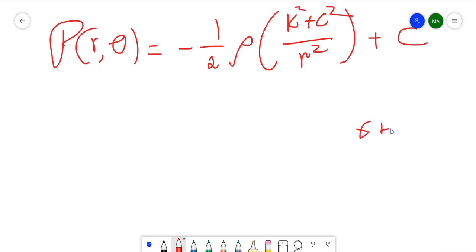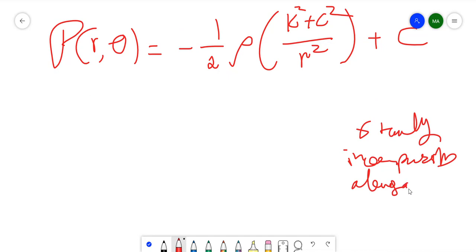The flow should be steady. The flow should be incompressible. Along a streamline, of course, a Newtonian fluid, and also the flow should be irrotational. So if the flow is rotational, we cannot use Bernoulli's equation.